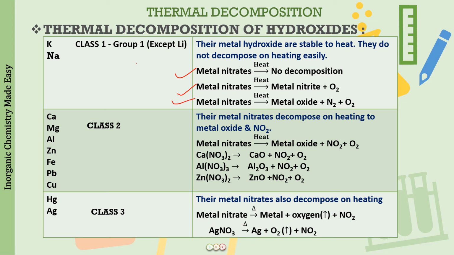And then above 800 degrees Celsius, it will be metal oxide, N2 and oxygen. Class 2 metal nitrates are going to be giving us metal oxide, NO2 and oxygen. And for class 3, the metal oxide is going to break further into metal and oxygen. So we will be getting metal, oxygen and NO2. So now I think it is going to be as simple as possible for you people.